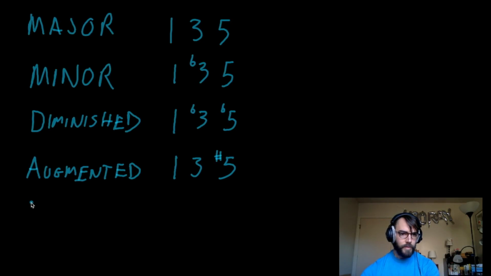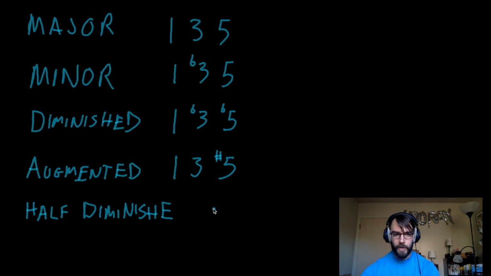And then a couple other ones we have are the half diminished chord. These are no longer triads. We've covered the main 3-note chords that you'll see. In order to cover the last couple here, we have to add one extra note to our chord.